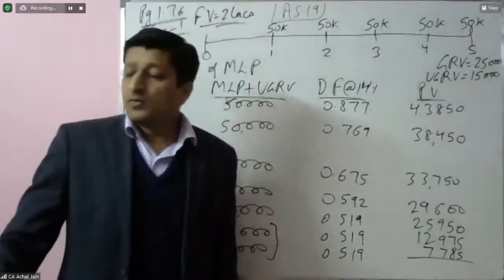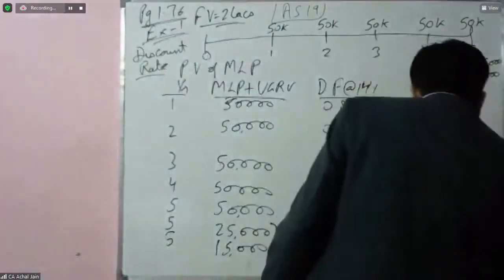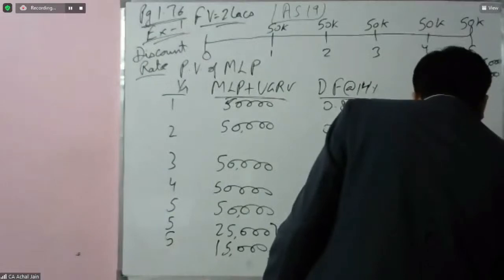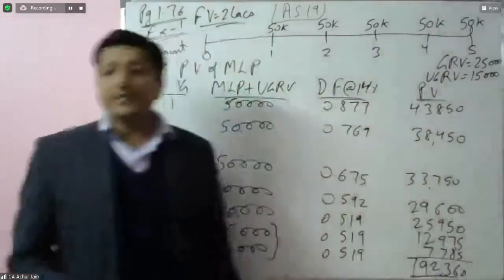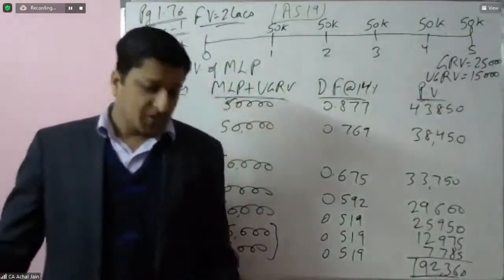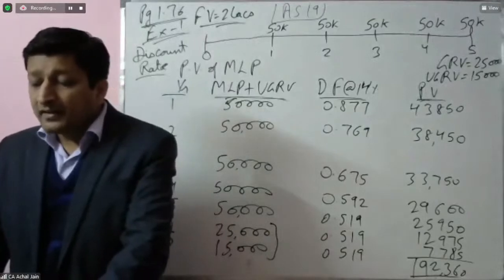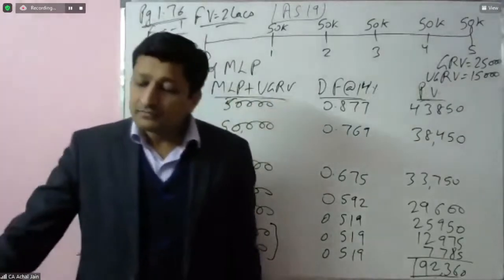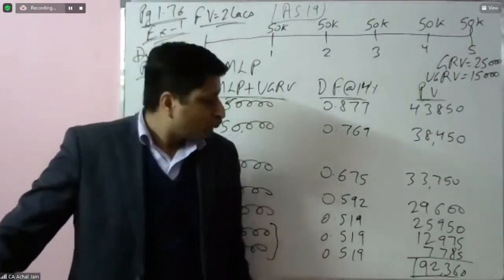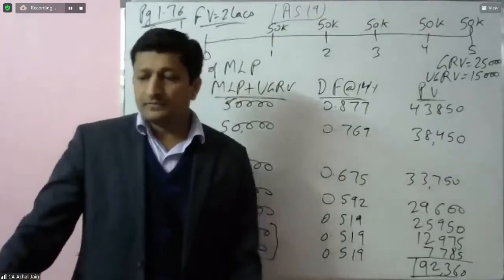But oh, what has happened? We are again not getting 2 lakh. Again we are stuck. Again we have failed, because here again we got an amount which is not equivalent to the fair value.